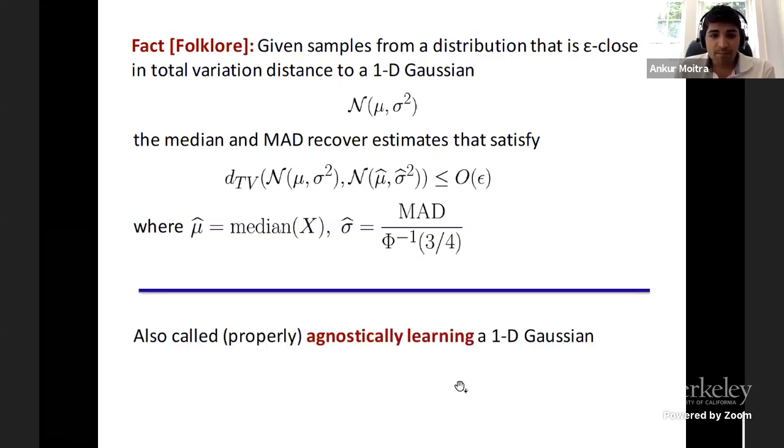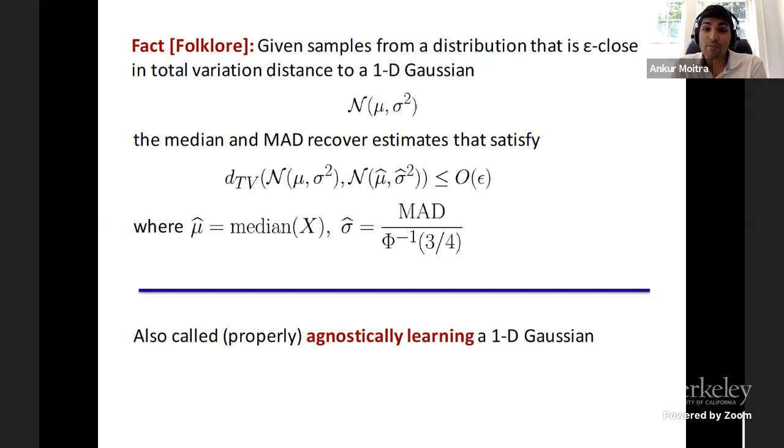Now let me connect this to the way I think about these problems in terms of terminology. I'm a theoretical computer scientist, and what this would be called is proper agnostically learning a 1D Gaussian. Let's break down that terminology a little bit. It's called agnostic learning because you're no longer positing this religious belief that you really are given samples from a Gaussian distribution.